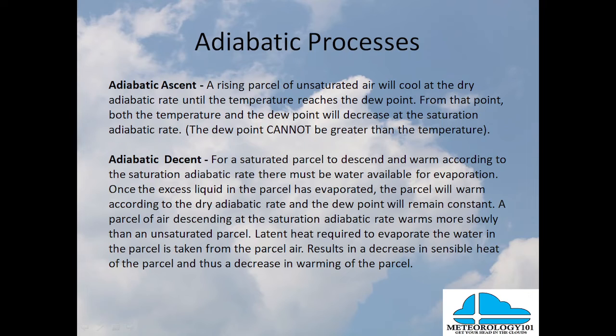This results in decreased sensible heat of the parcel. So overall, the water in that descending, warming parcel is absorbing heat and actually cools the parcel, thus decreasing the warming of the parcel.